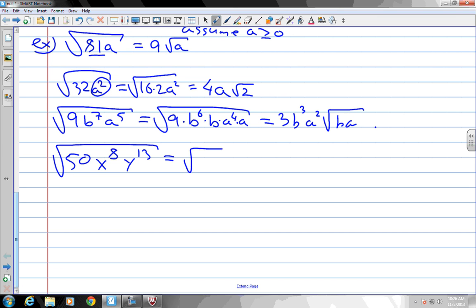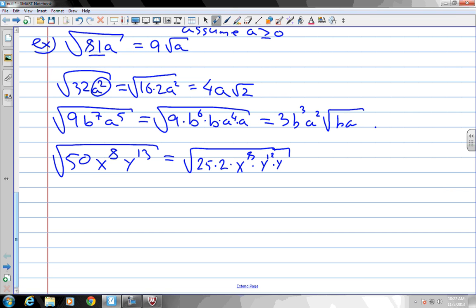I'll split 50 into 25 and 2. Because 25 is a perfect square. Now, x to the power 8, do I have to mess with it? It's already a perfect square. Again, all I just need for exponents is for them to be even. Well, how about y to the 13th power? I'll have to mess with that. How would you mess with that? Right. Y to the power 12 times y. All I need is an even power.